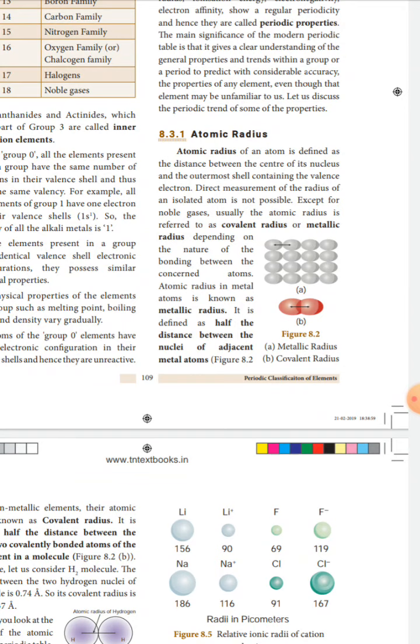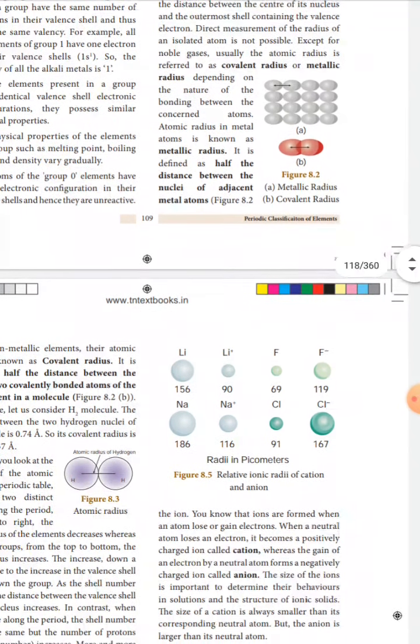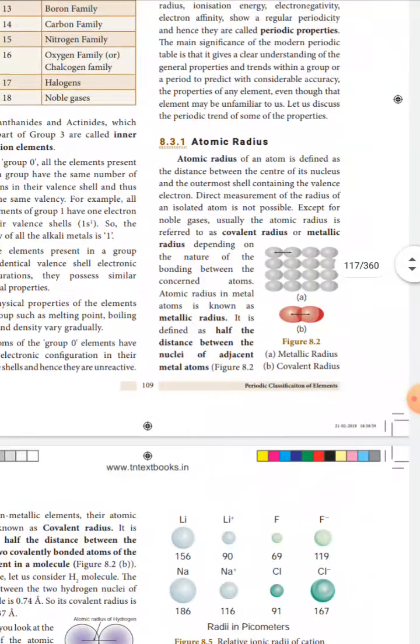And we are going to discuss some periodic trends of the properties of the atoms. Now, the first one is atomic radius.